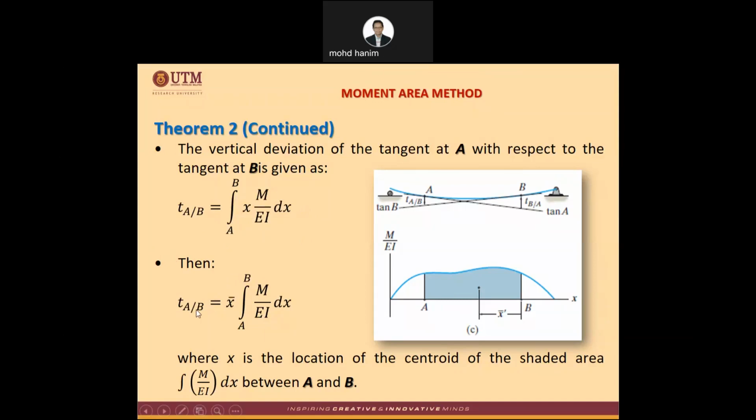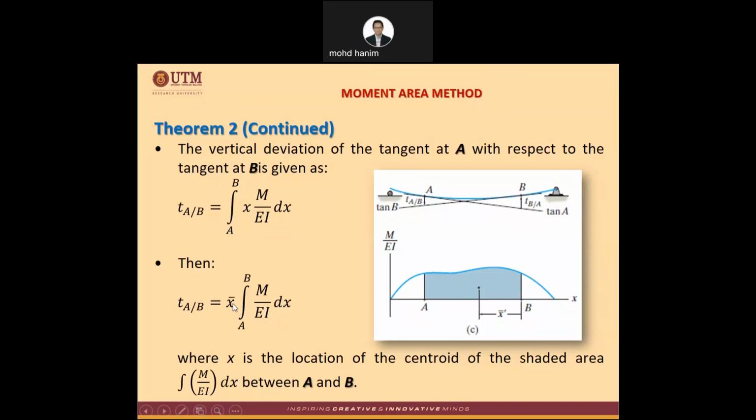So then TAB equals X times the integral of M over EI dx, since X is constant, so we take out X here. EI is actually constant, so EI can be taken out too. Then we just integrate M dx. M is not constant because M varies with dx.